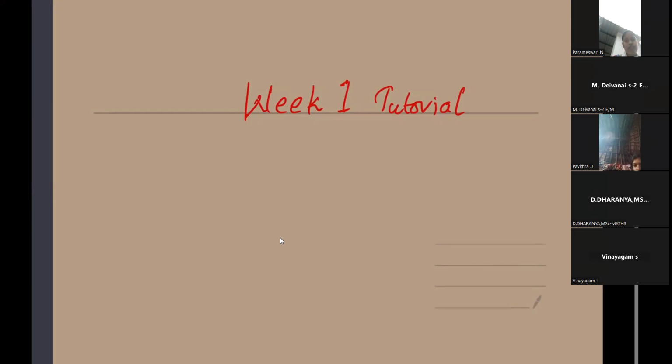Okay, so in the first week, what are all the things we covered? We covered sets. So you know what is a set, right? We have given the definition of the set and the various operations on the sets.